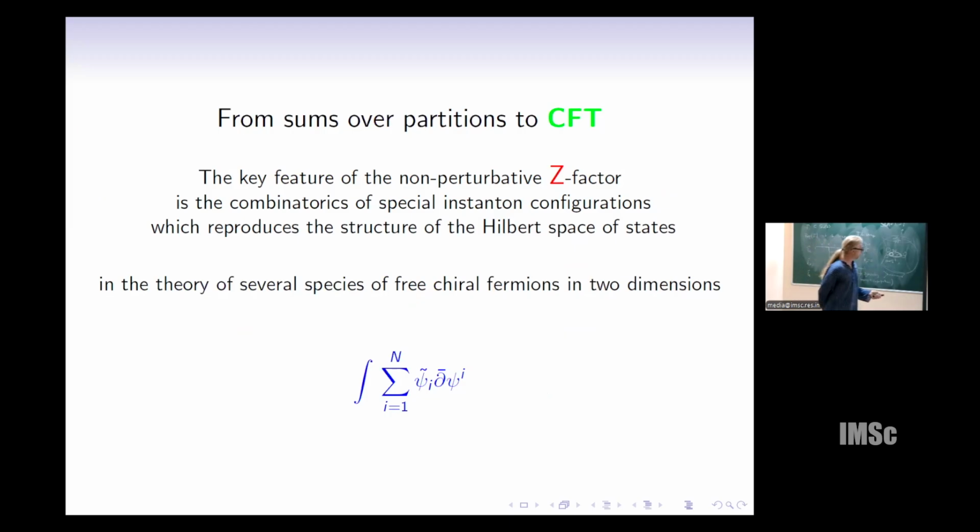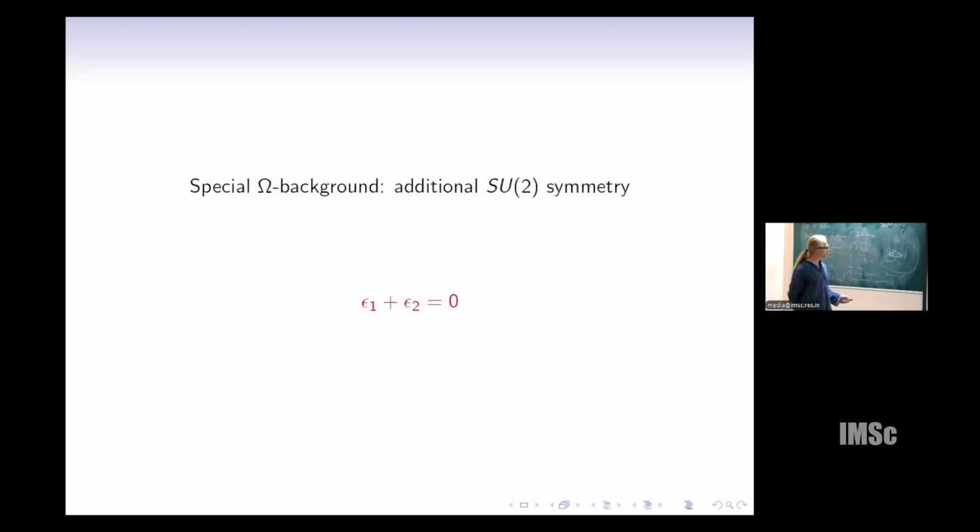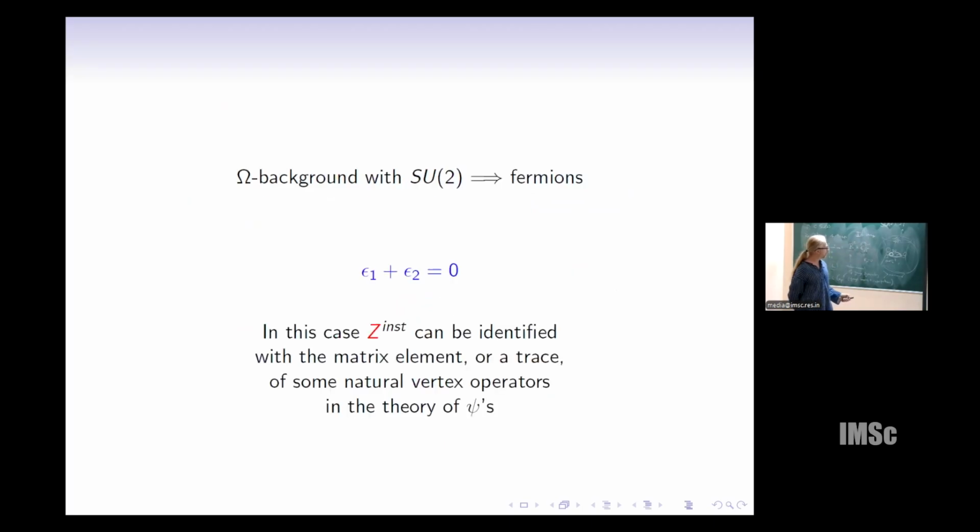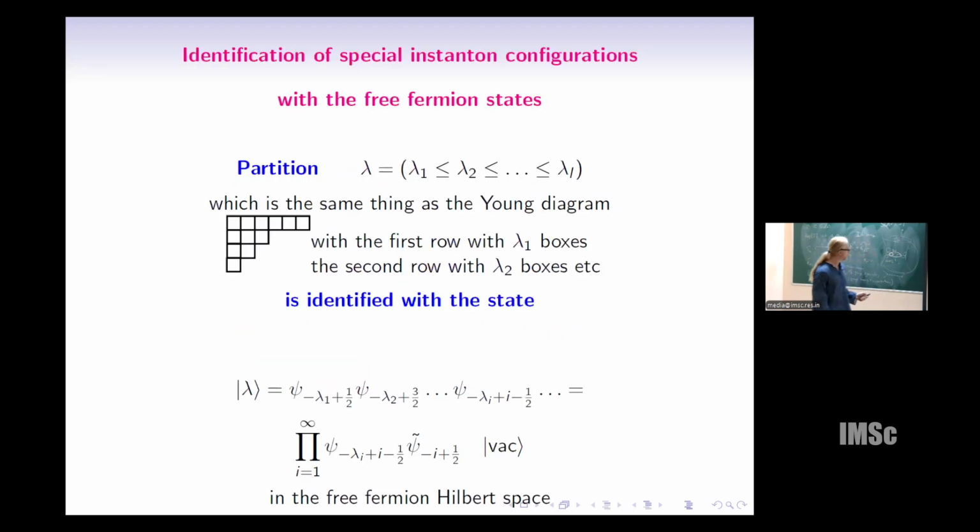So, for example, if you study two-dimensional CFT, one of the first examples of two-dimensional CFT you learn about are chiral fermions, and you may study several species of chiral fermions. So for a special choice of this omega deformation, the special choice of angles which corresponds to the SU(2) rotation, this connection to free fermions becomes almost exact.